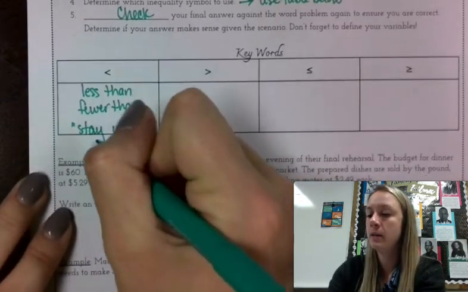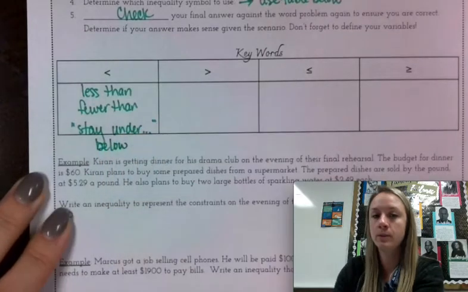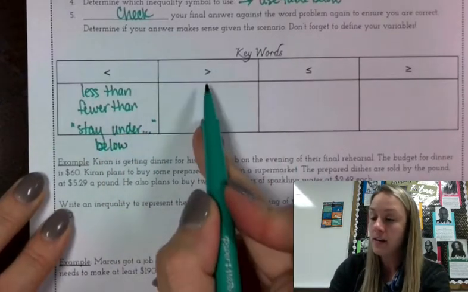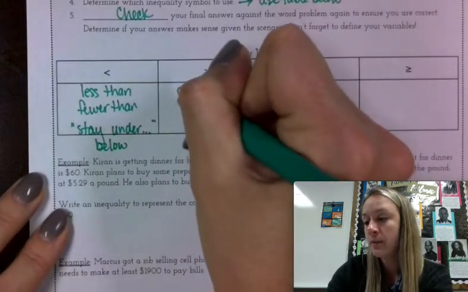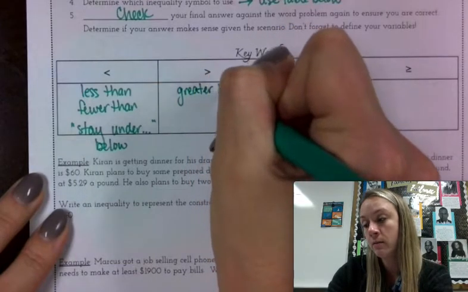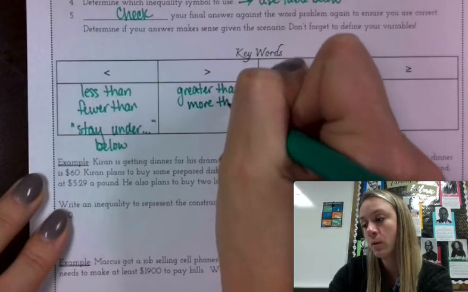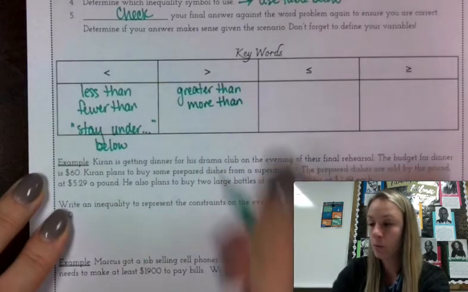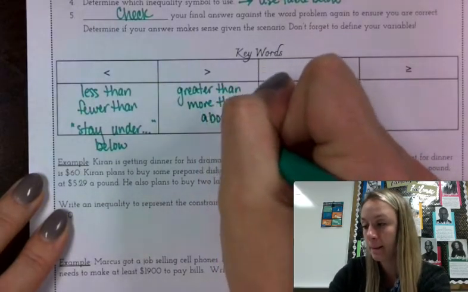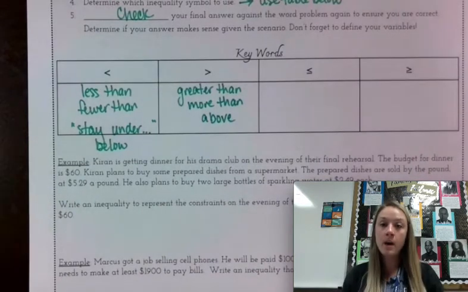We can add below. I didn't have that before, so below something. The next one is greater than, so if we see the words greater than, then we know what symbol to use. We could use more than, or if we see the word above, then it would be the greater than.